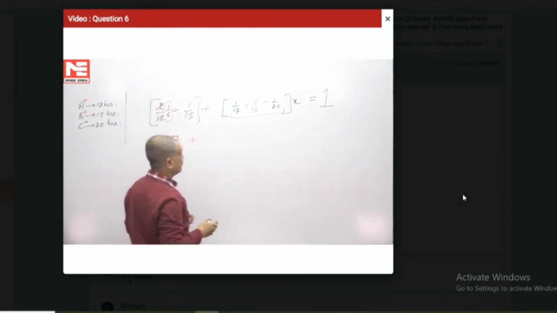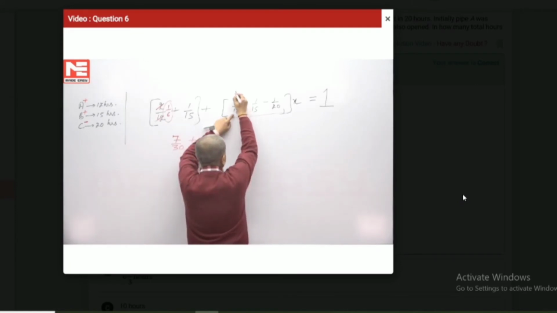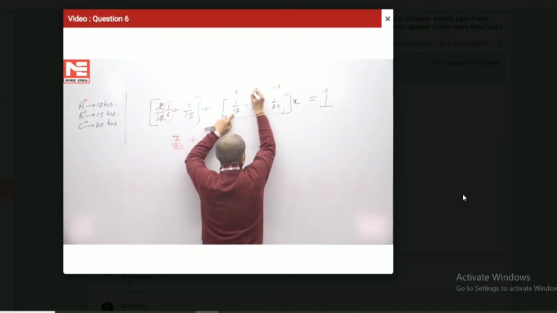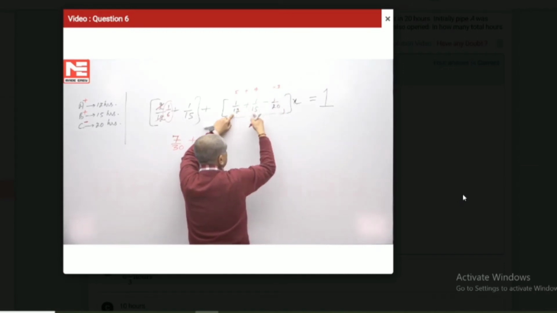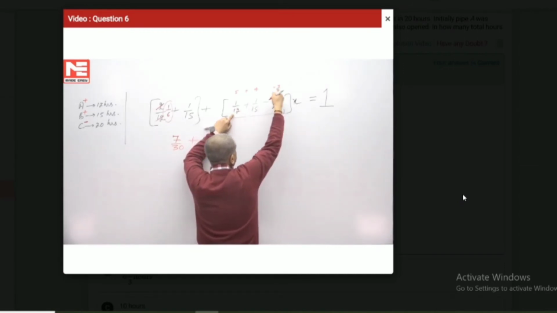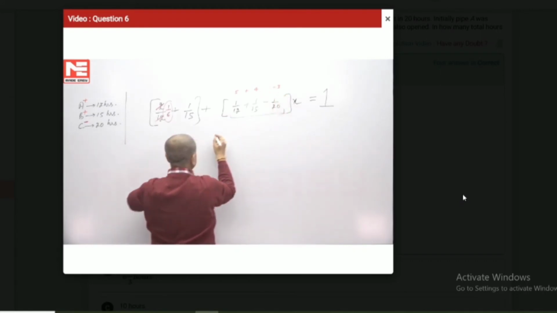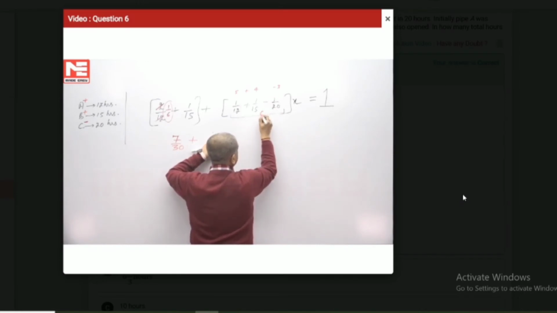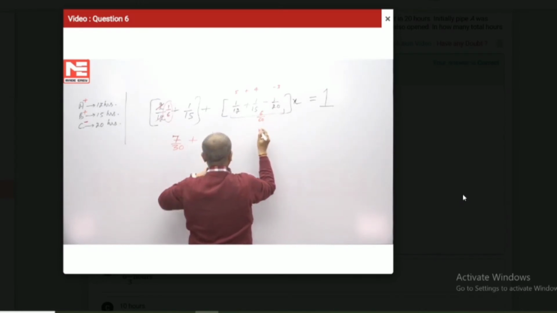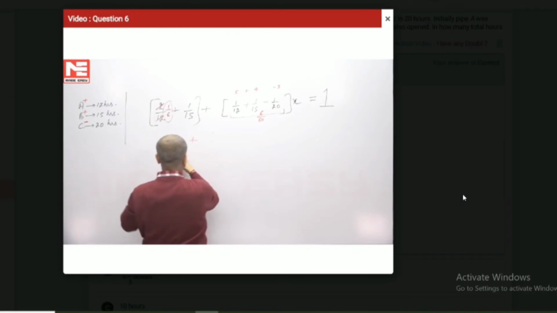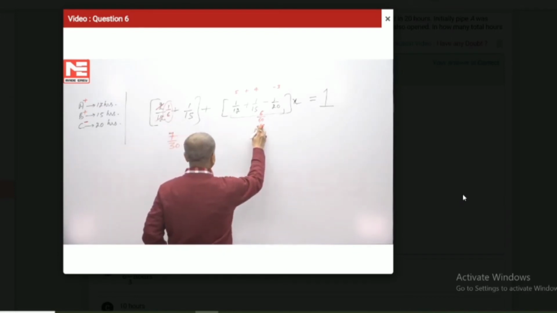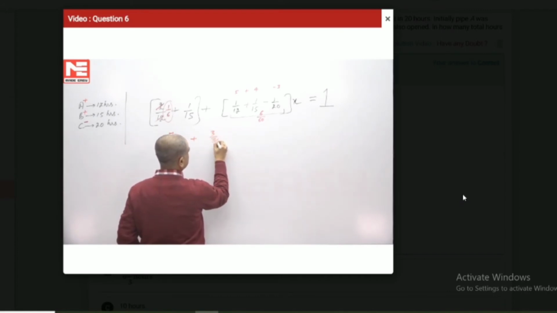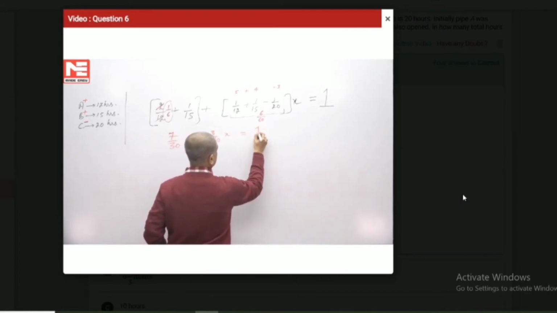And here what I'm going to do, this is 5 upon 60, this is 4 upon 60, this is 3 upon 60. 5 and 4, 9 and minus 3, that is equal to 6 upon 60, which can be written as 3 upon 30 of x should be equal to 1.